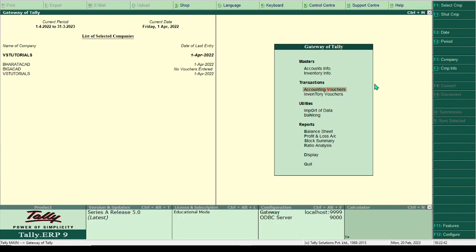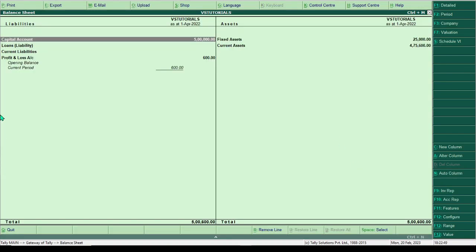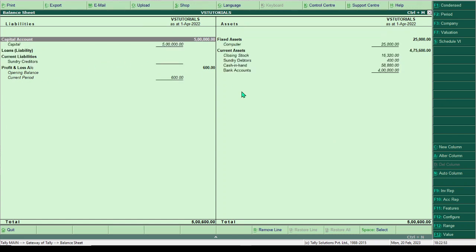The amount is due on customer. So if we go to see our balance sheet, we can see that after pressing ALT plus F1, the sundry debtors is 400 rupees. Means customer will pay us 400 rupees later in future time.